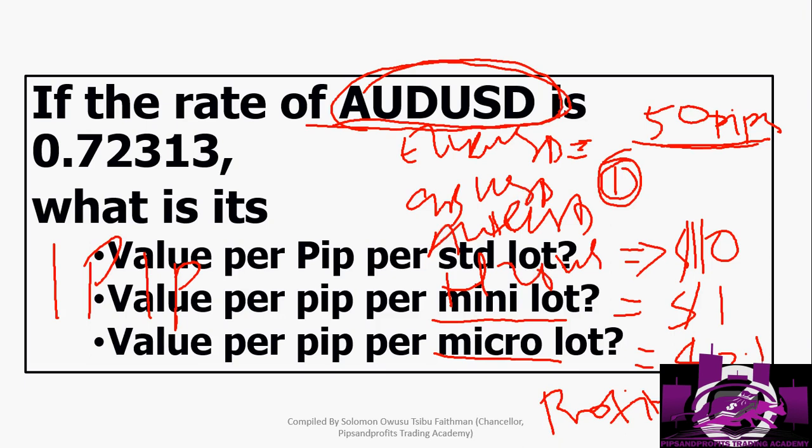Thank you, Isia. Excellent. Okay, so if I am trading the mini lot, and my take profit is 50 pips. How much, Jacob? I like your emoji. Mini lot. What do you think will be my profit? $50.